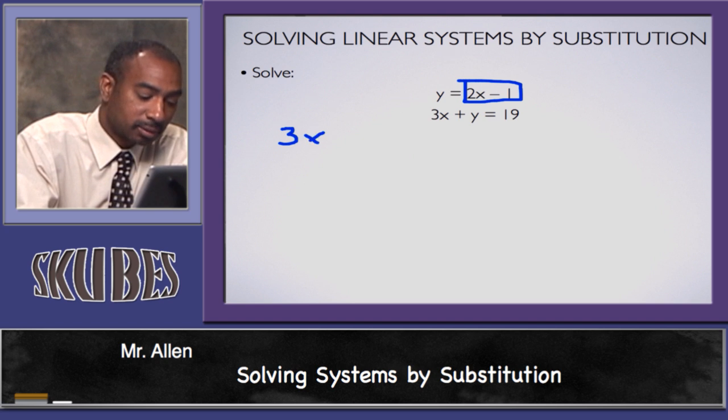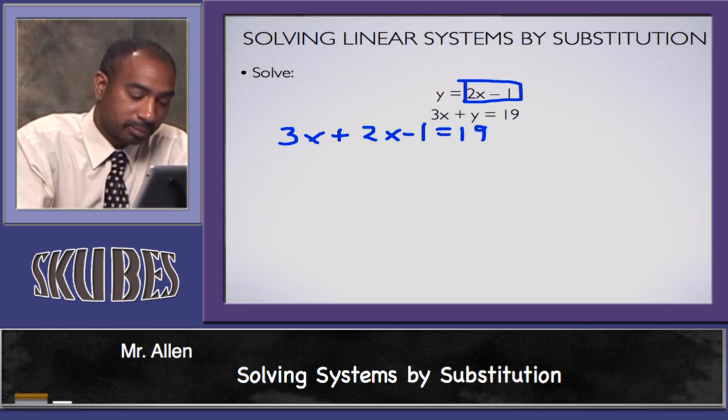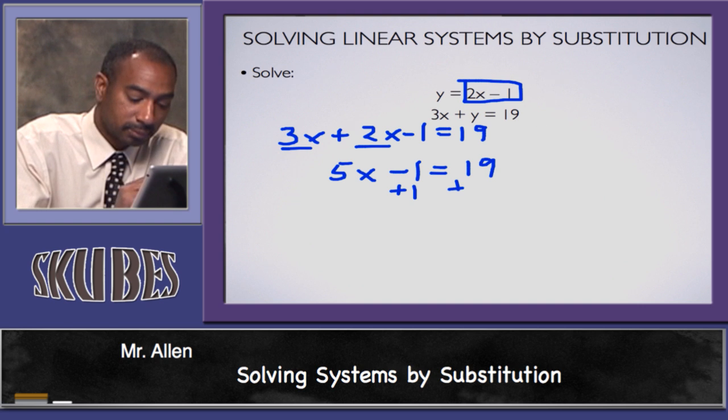So 3x plus 2x minus 1 equals 19. We're going to add like terms. So 3x plus 2x is 5x minus 1 equals 19. The opposite of negative 1 would be positive 1. So I get 5x equals 20.